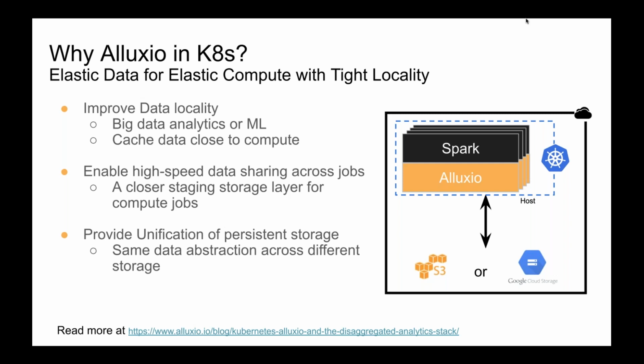But with the latest movement, moving first AI workloads, microservice workloads, and now also big data workloads to the Kubernetes environment, people typically don't have an HDFS or something similar to HDFS in this stack.